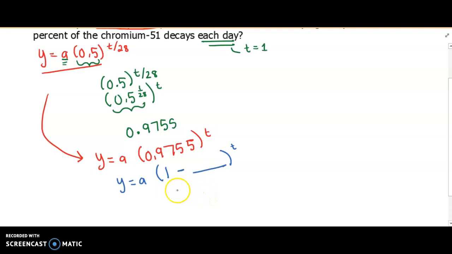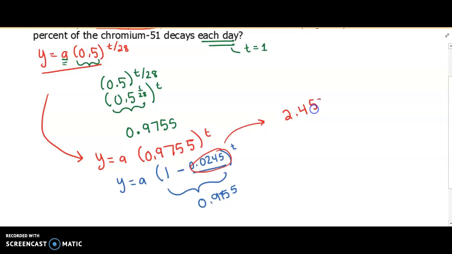If I want this to still equal 0.9755, oh, I missed a 7 in there, my number here would have to be 0.0245. Remember, this is my decay rate, so 0.0245 is roughly a 2.45% daily decay rate.